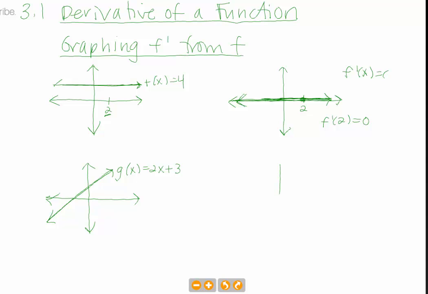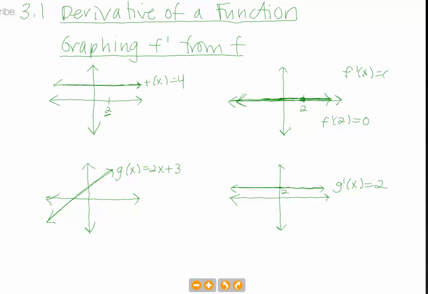So when I go to graph that derivative, it's going to look like a horizontal line, and it's going to be at the y value of 2. So if I put a little 2 there, everyone can see that's my y value, so I know that g prime of x is 2.